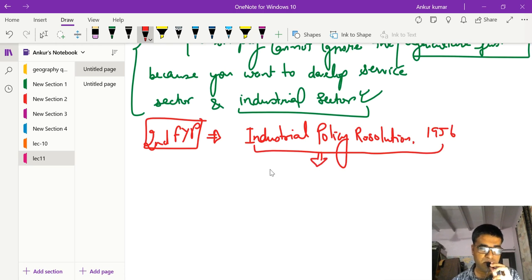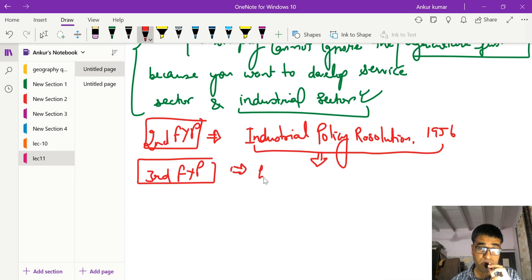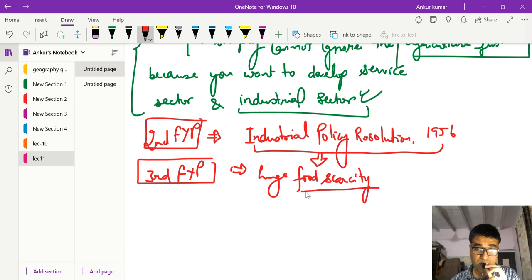The result of this ignorance was evident in the third 5 year plan. What happened in the third 5 year plan? India suffered huge food scarcity, and this food scarcity led us to beg the US for food under PL 480.